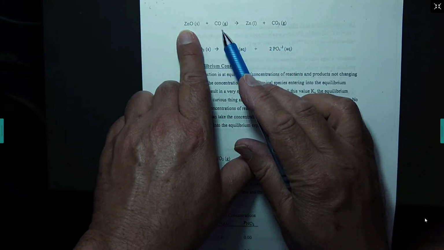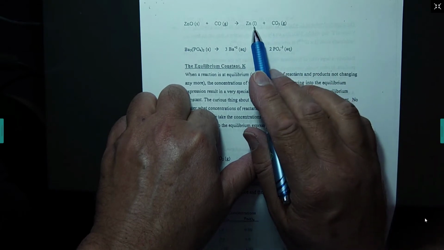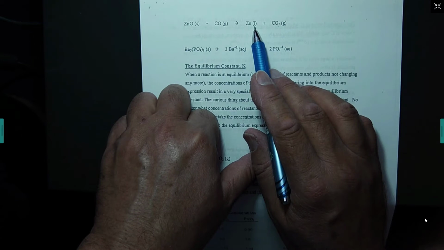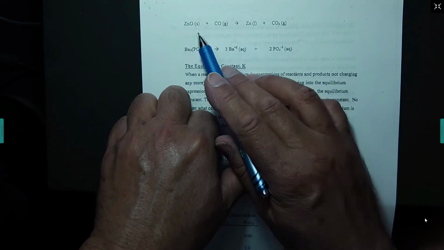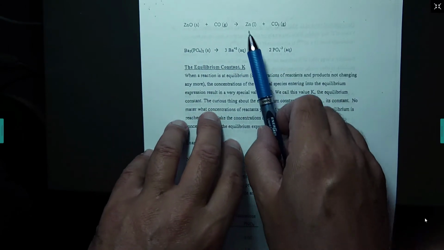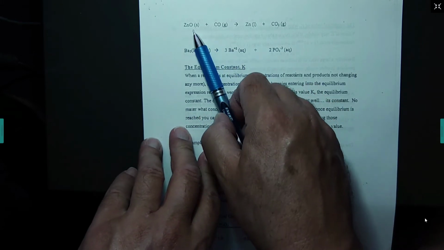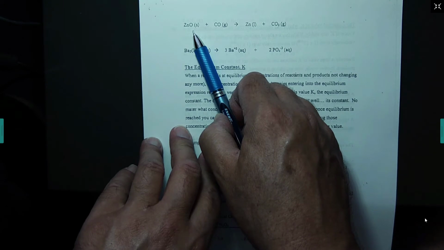But remember what we said about equilibrium? Things that appear as a liquid don't really play into the equilibrium position. Solids don't play. Best way of thinking of it is pretend that any liquid has a concentration of 1. Any solid has a concentration of 1.